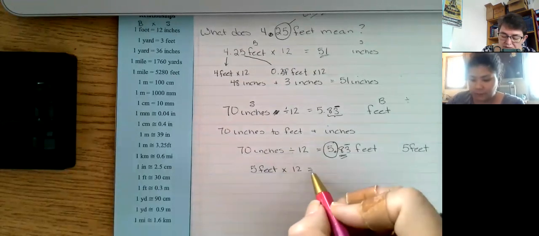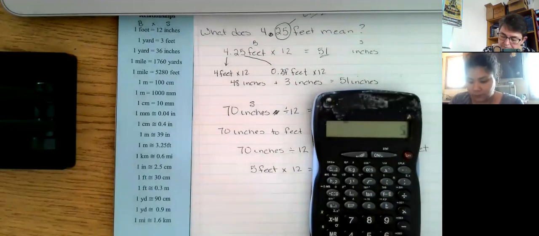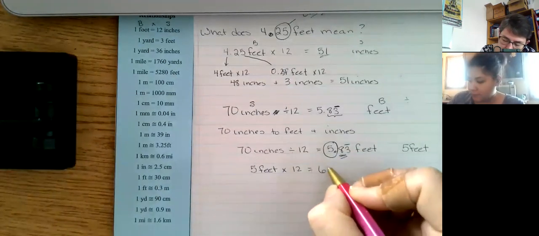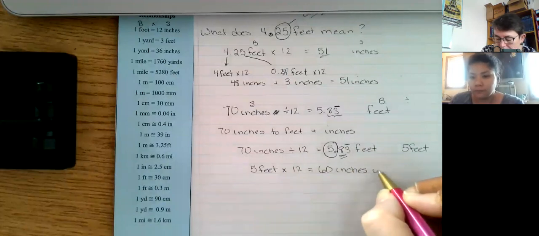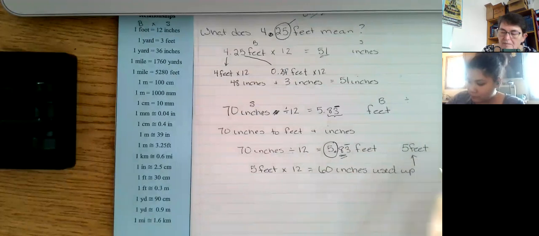So 5 times 12 is equal to 60. And that's used up to make the 5 feet.